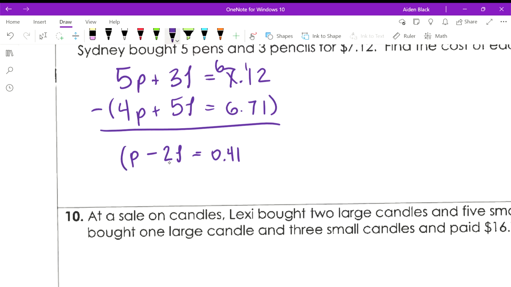Now that I have this, and it looks like 4 would be the ideal scale, I'm going to scale up by 4, so multiply each term by 4.